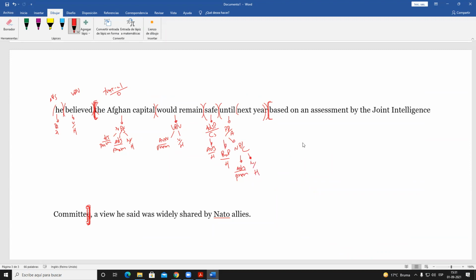Good. Then based on an assessment by the Joint Intelligence Committee, I can move it. I can place it at the very beginning of the clause. So I can say, based on an assessment by the Joint Intelligence Committee, comma, he believed the Afghan capital would remain safe until next year, right? Therefore, in fact, the name is non-finite ed clause acting as an adverbial, because I can move it.